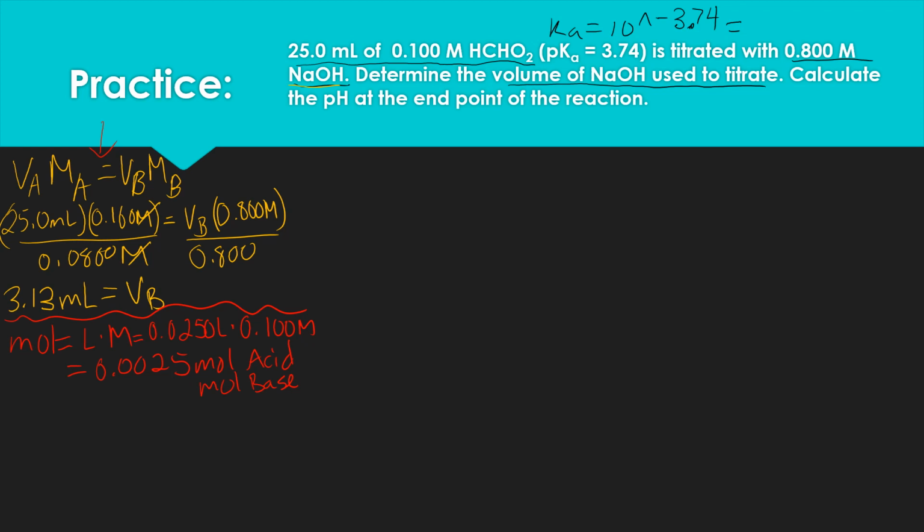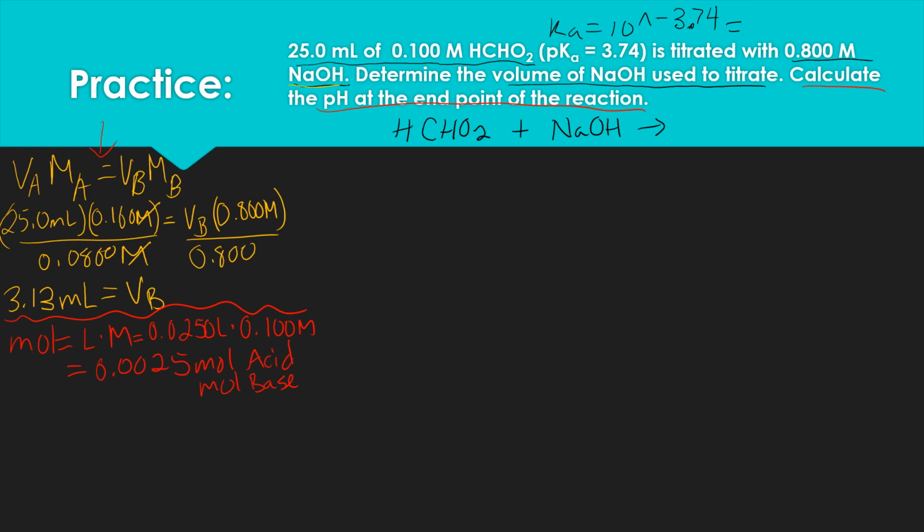Now, we also want to calculate the pH at the end point of the reaction. To think about that, we want to think about what reaction is occurring and go from there. So we've got HCHO2, an acid, plus a base, NaOH.